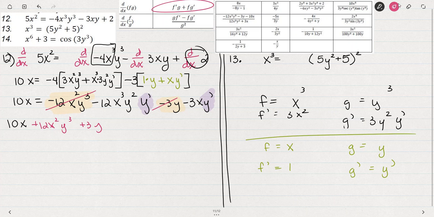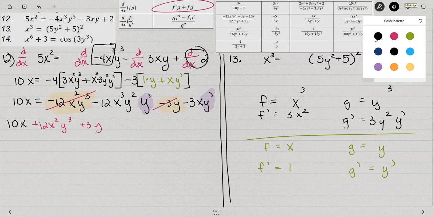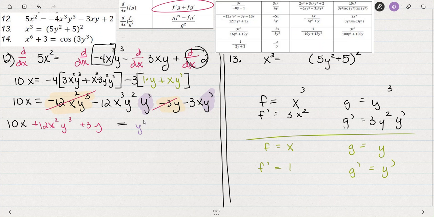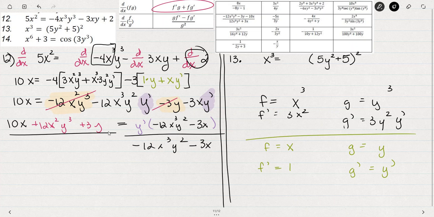And on the right side, I'm going to be pulling out my y prime, and I've got y prime times -12x cubed y squared, and y prime times -3x, so minus 3x. Divide both sides by -12x cubed y squared minus 3x.